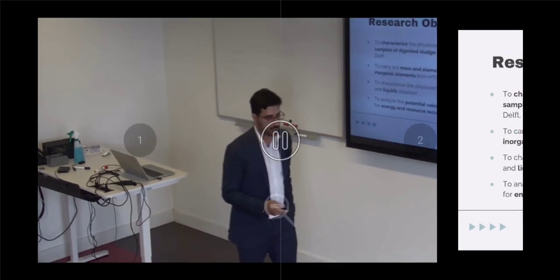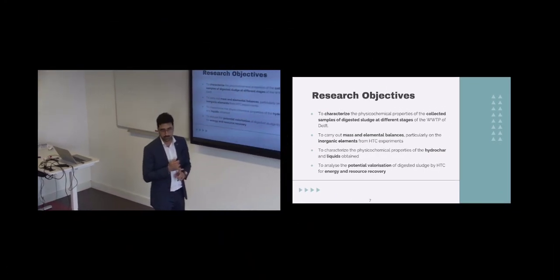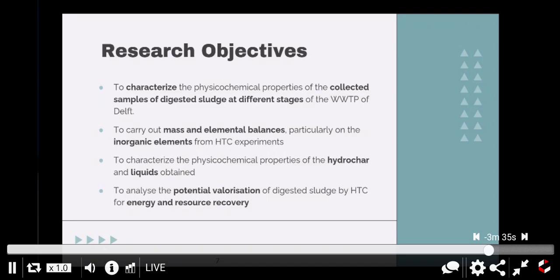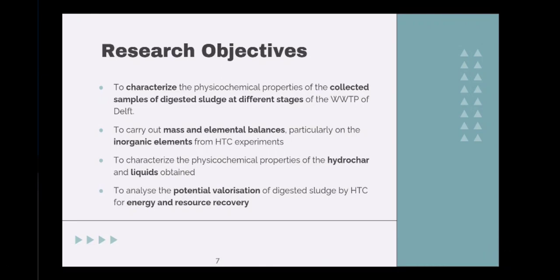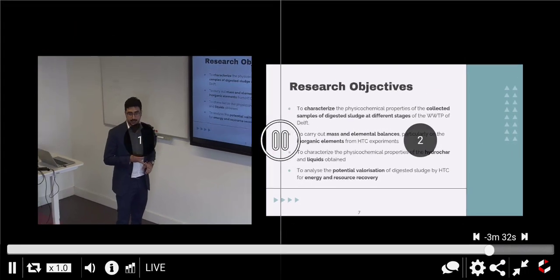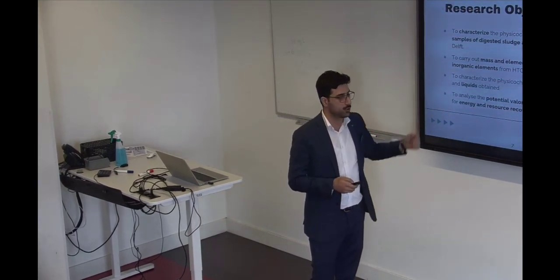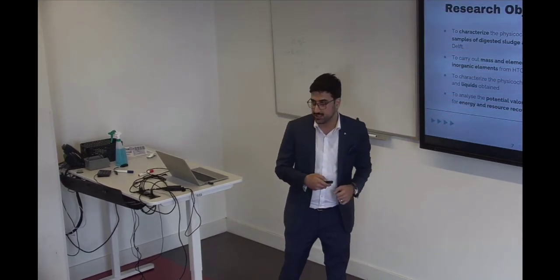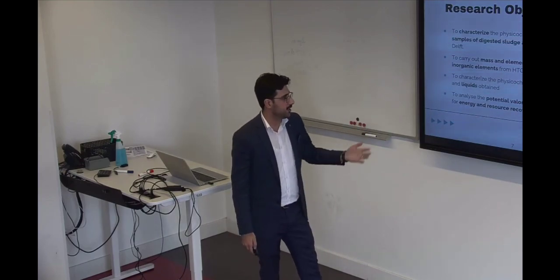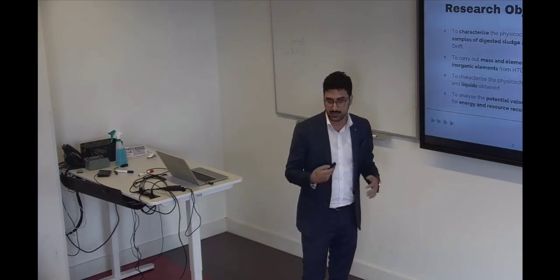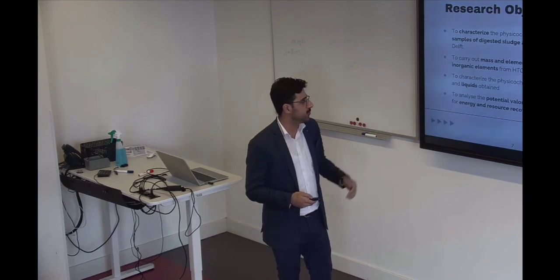So the research objective is to characterize the raw sewage sludge at different collection points of the wastewater treatment plant, to do the mass balance and elemental balance, and to characterize the hydrochar and liquid obtained from the HTC process. Later on we use those characterizations and elemental analysis to see the potential valorization.